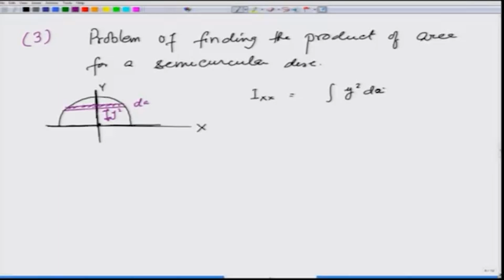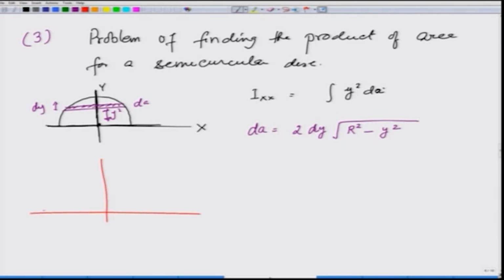So, let us calculate the area dA. dA is nothing but the height of this strip, which is dy, times the length, and length is going to be square root of r square minus y square times 2. So, this is the area. All right. So, let me make it again to show it clearly. This is the semicircular thing. This distance is r, this is y, and therefore, this is r square minus y square. This entire distance becomes 2 times the square root of r square minus y square.